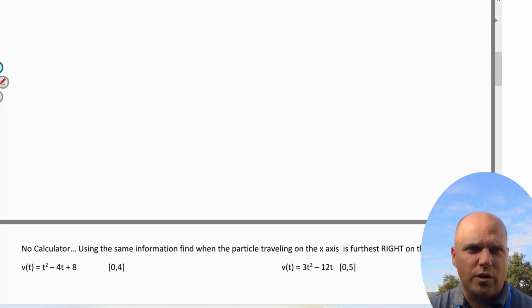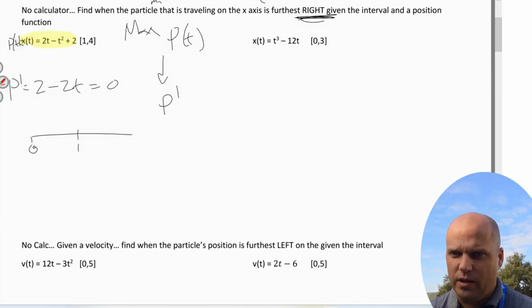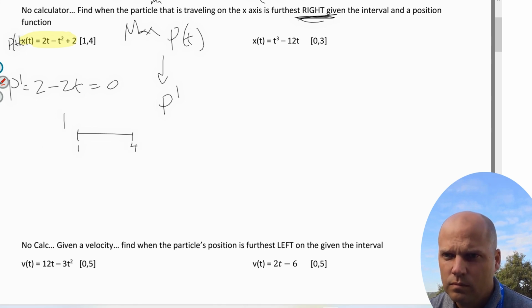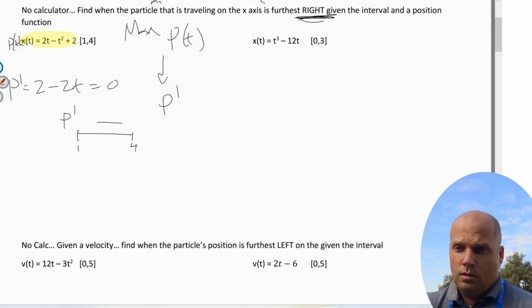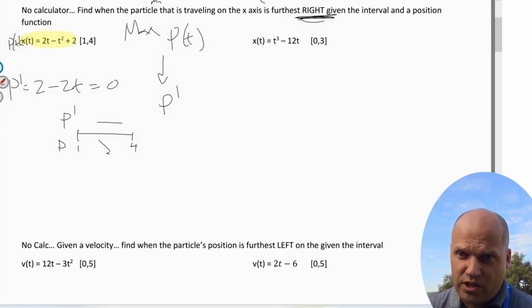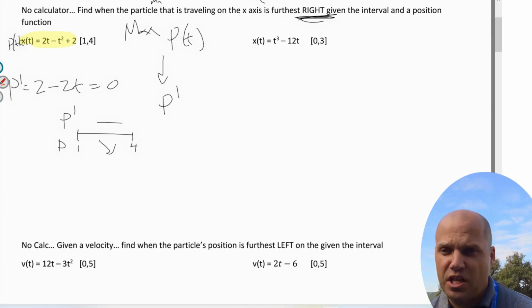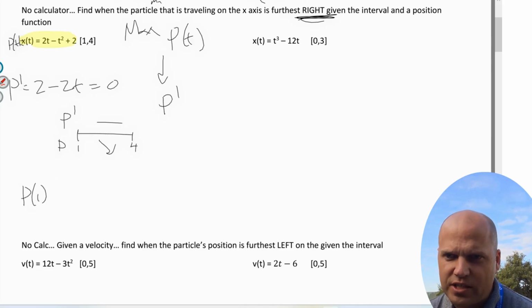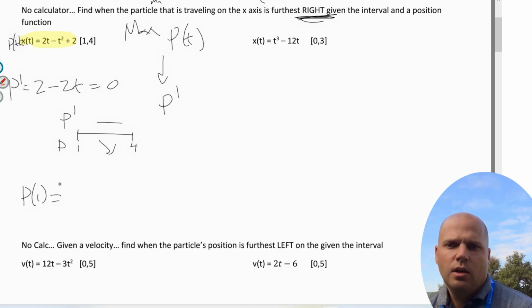Why am I looking from 1 to 4? Okay, fine. All this is good. My position is decreasing. If your position decreases, where is your max? You know for a fact your position at time 1 must be your max.